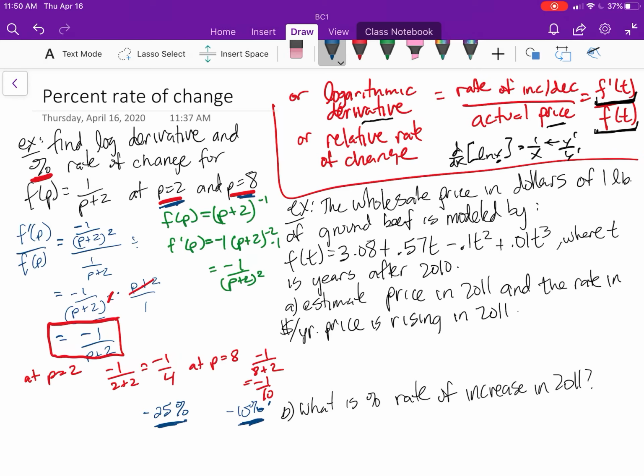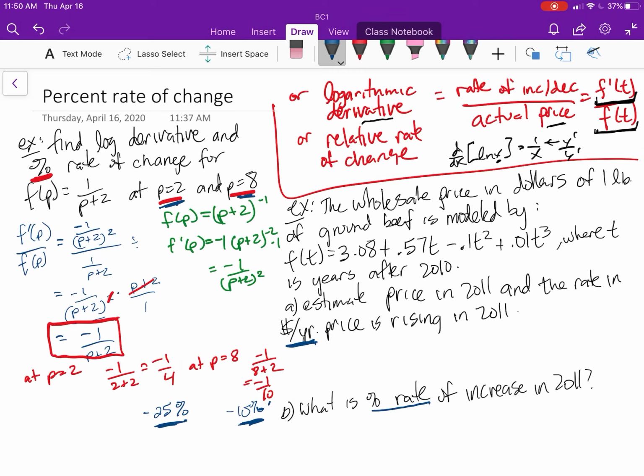Estimate the price in 2011 and the rate of change of price per year, right? There's the derivative. The percent rate of increase here, that's our log derivative.